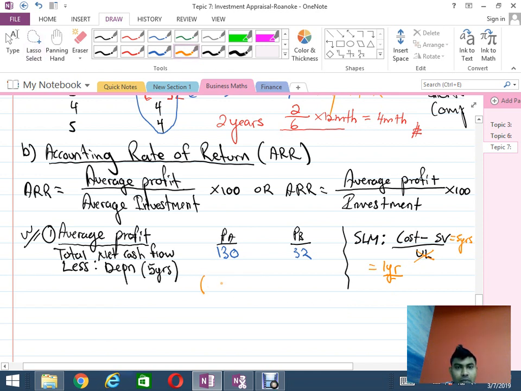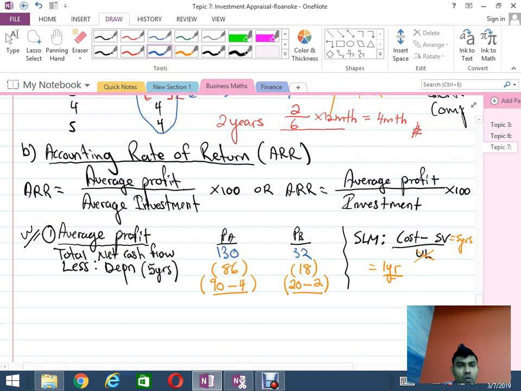Over here, you take the cost, 90, minus the scrap value, 4, for project A. And for project B, the cost is 20. Scrap value, how much did I give you? 2. So here it's 86, and here it's 18. Then you minus, how much do you get?